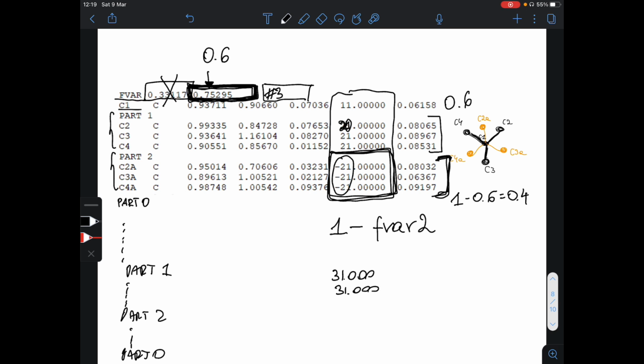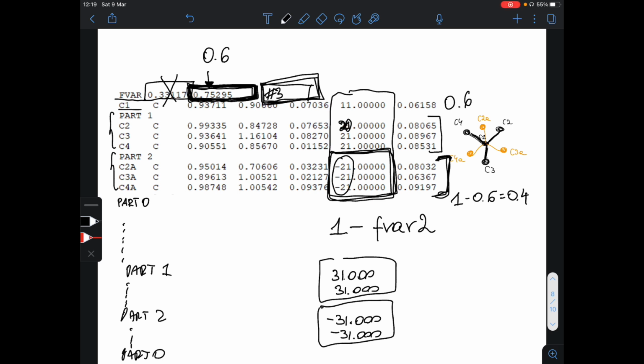For part 2, we would write minus 31. So the occupancies that we're going to get will be linked to the third free variable, and that third free variable will be refined separately from the second free variable. Okay? It will get more clear when we get to the actual examples on a computer.